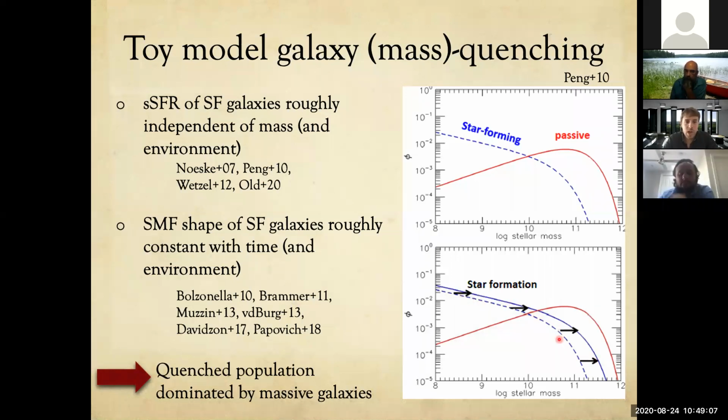But to keep the shape of the stellar mass function of star forming galaxies independent of time, which we also show in the field studies of the stellar mass function, you need to primarily quench galaxies at high mass. So this is what we call mass quenching or intrinsic quenching. So the quenching of these galaxies is higher at high mass, or at higher star formation rate, which is equivalent here.